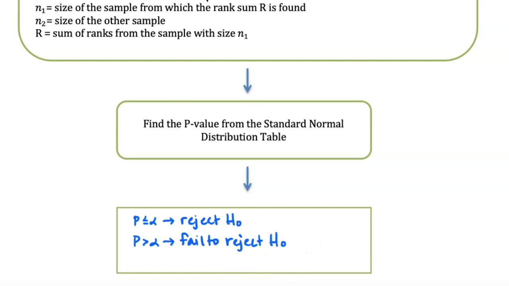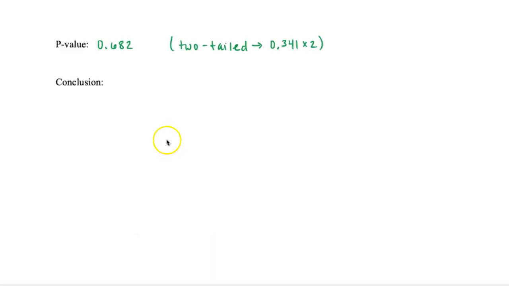Same conclusion as always, really. Large p-value means we are failing to reject the null because p is not less than or equal to alpha. We are failing to reject the null.